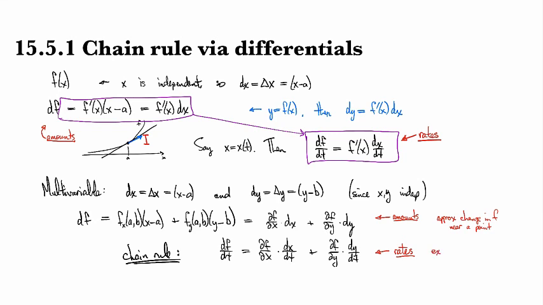This equation is expressing something about the exact rate of change of f at a point. So not near a point, but at a point.